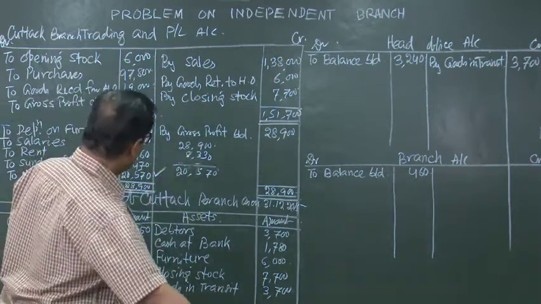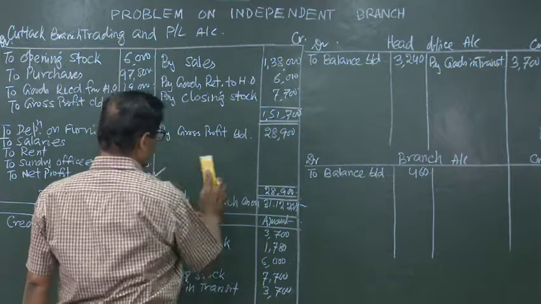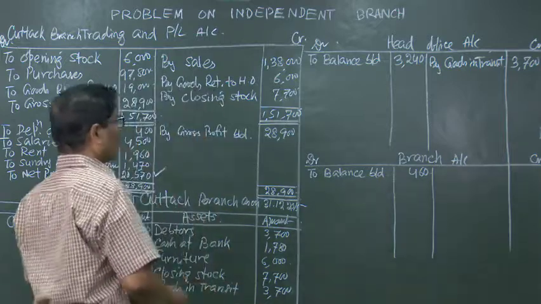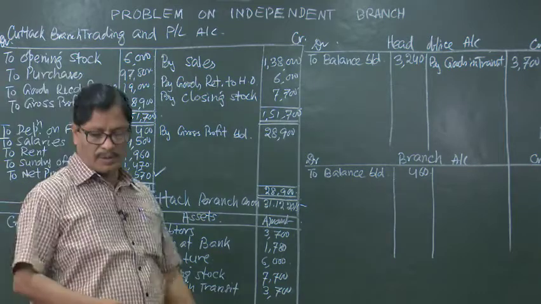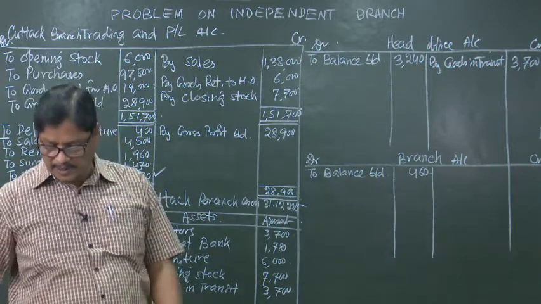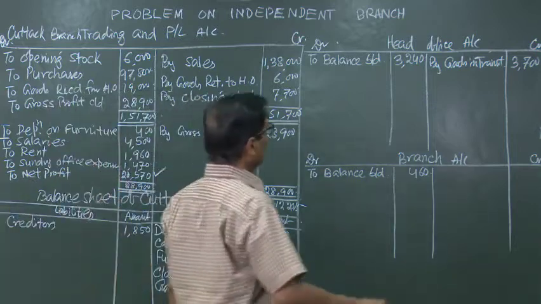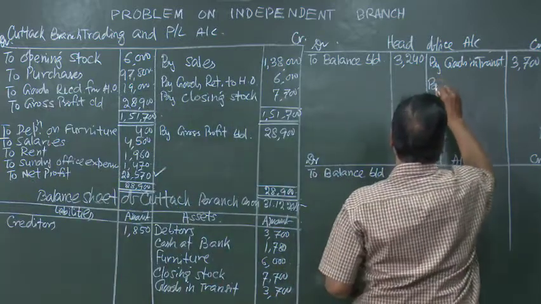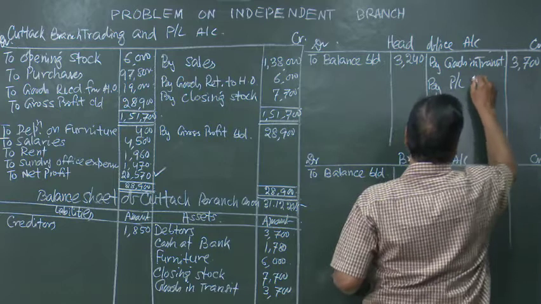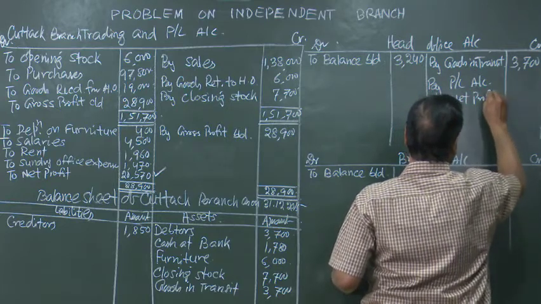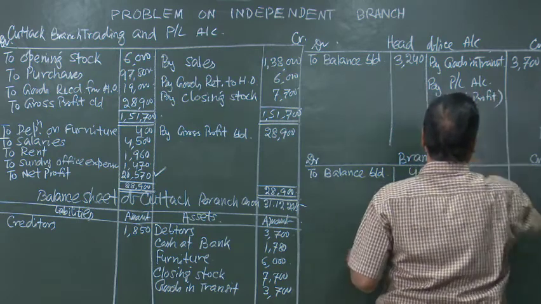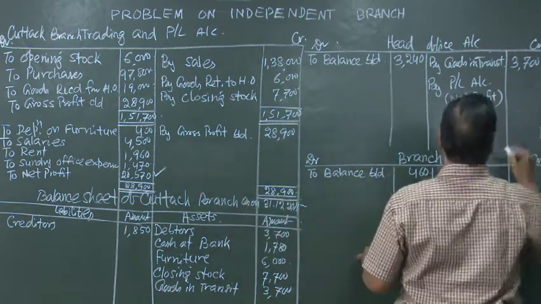This is the net profit. Once you get the net profit, automatically the head office account will be credited with this amount of net profit. That is, by profit and loss account, within bracket net profit, 20,570.